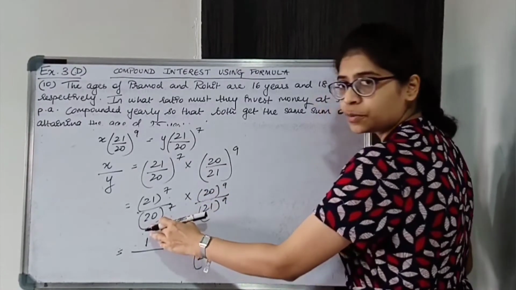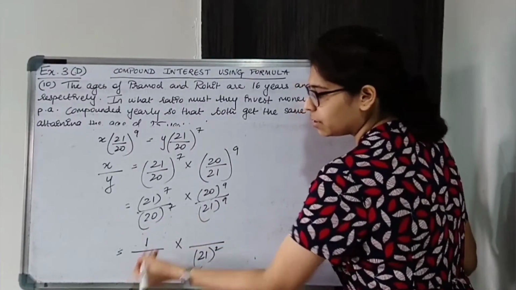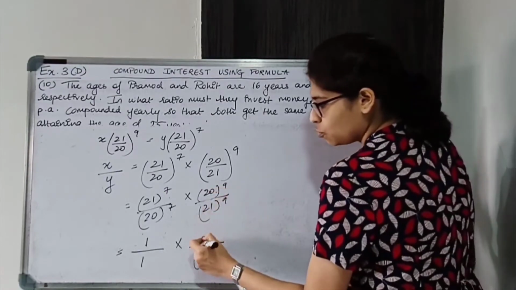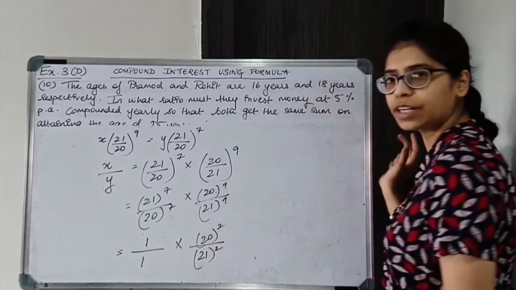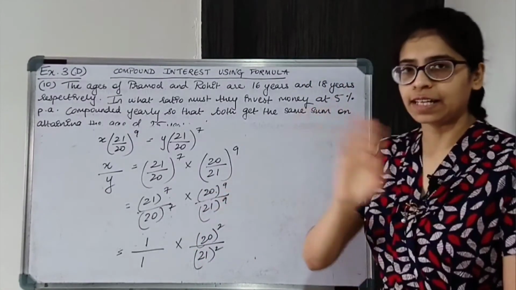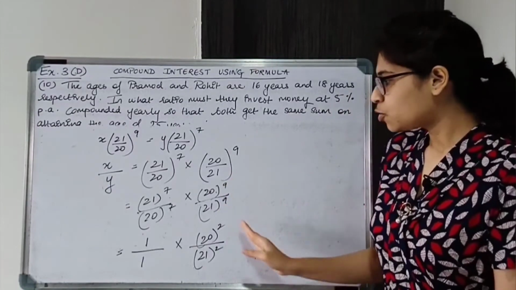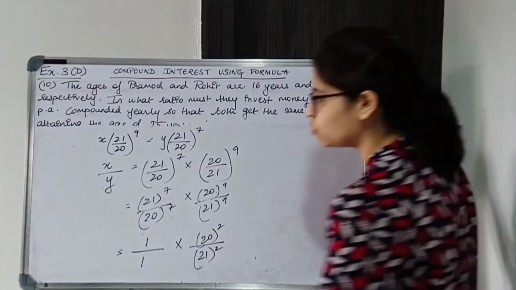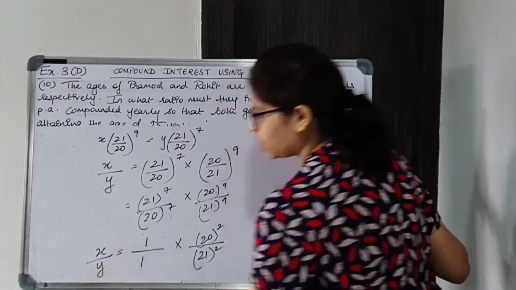So all the 20s will get cancelled over here, and here what we will get? 20 raised to 2. Only 2 20s will remain, rest 7 will get cancelled. Okay, so what we are getting? 20 raised to 2 upon 21 raised to 2 is equal to x upon y.